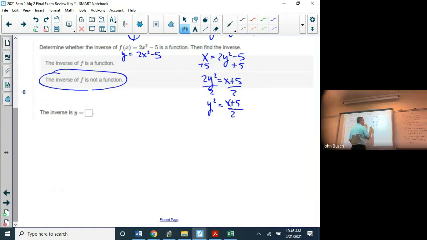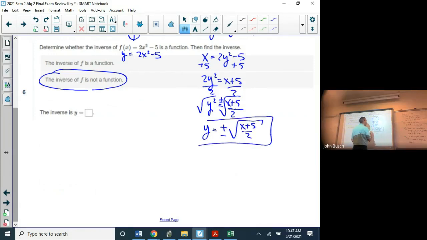And then we need to get rid of the squared, so we square root both sides. Have to remember the plus or minus. And y is plus or minus the square root of x plus 5 all over 2. That's all inside the radical. Okay?